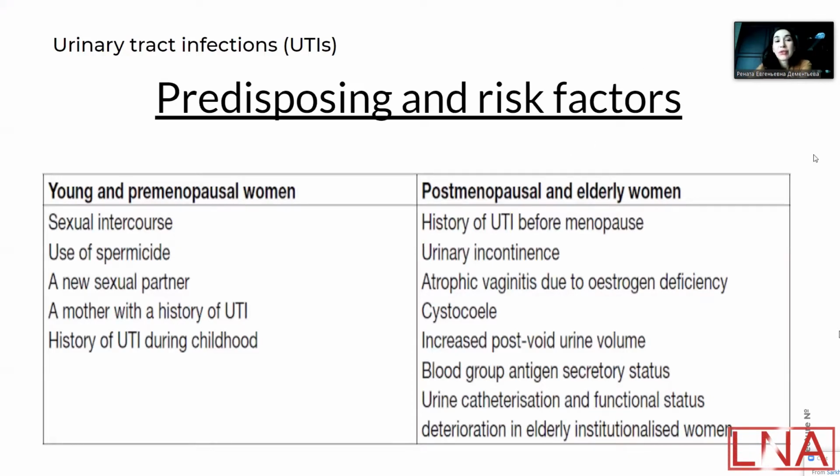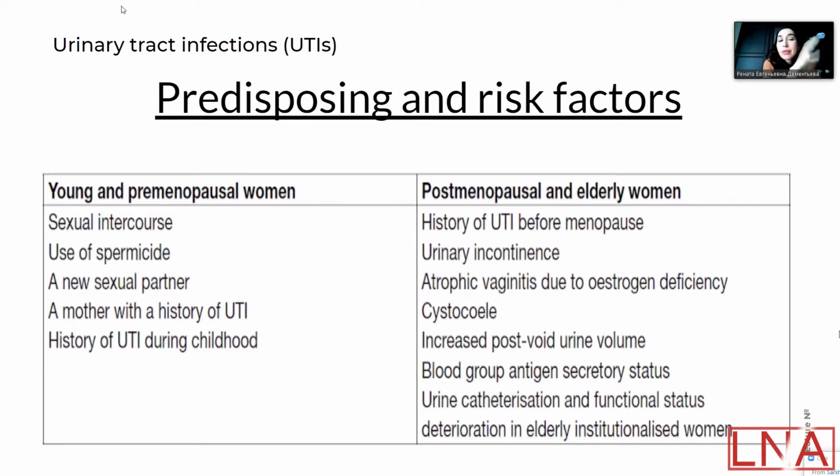In this table, you can find predisposing risk factors for the development of pyelonephritis. We separated our patients into two groups: young and premenopausal women, and postmenopausal and elderly women.